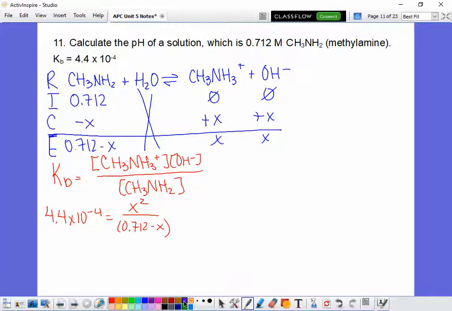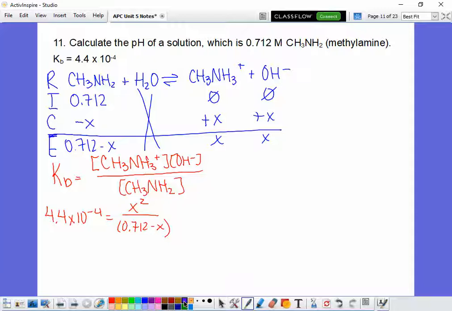All right, in general, how much do weak acids and weak bases dissociate? Not a lot, right? A lot of them are less than 5%. Some of them are still greater than 5%, but not a lot.